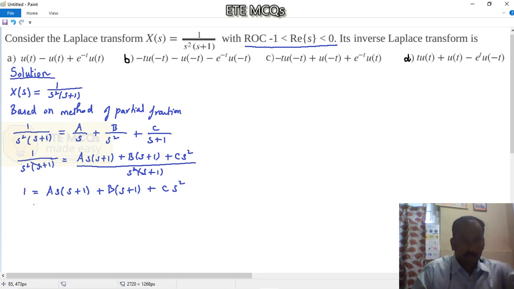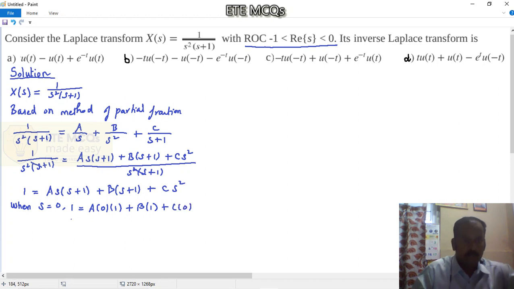So let us make some substitutions for s so that we can find the arbitrary constants A, B and C. First, when s is assigned 0, what happens? You will get 1 equal to A into 0 into 1 plus B into 1 plus C into 0.